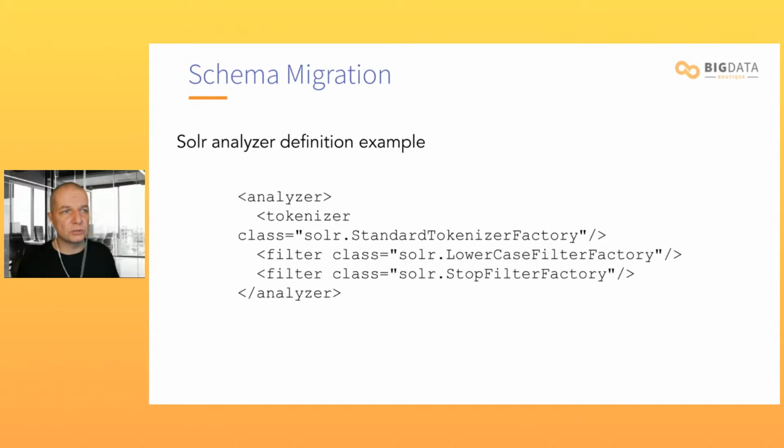When it comes to the definition examples, let's look at how those differ as we are talking about technical stuff. So, this is an example of a Solr analyzer definition. We have a tokenizer, the filters, and so on. Pretty simple XML. If we are working with the schema API, of course, that could be JSON as well. But I'm an old-fashioned guy, let's stay with XML.